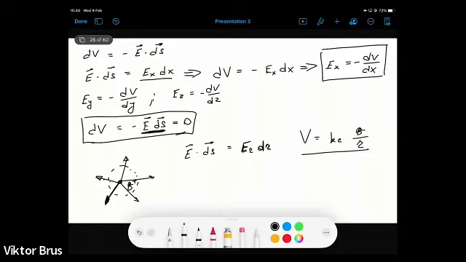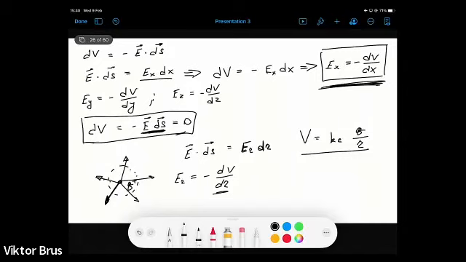We want to determine the electric field. And the electric field, Er, is equal to minus dV over dr. So it's actually the same, but taking into account the spherical symmetry of the electric field around a point charge.